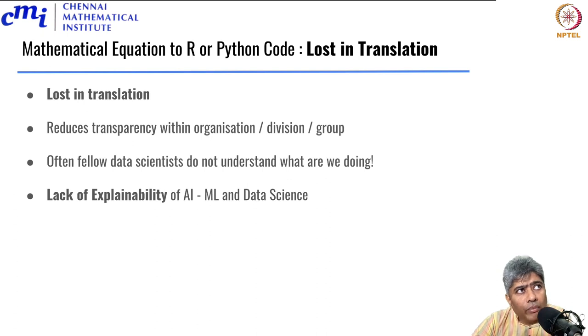I'll try to make a limited point here. So what is lack of explainability in AI/ML and data science? Nowadays, many of the deep learning neural network models are so complex and complicated that many things are not easily explainable to common people, or even to scientists who are not trained as data scientists, computer scientists or statisticians.